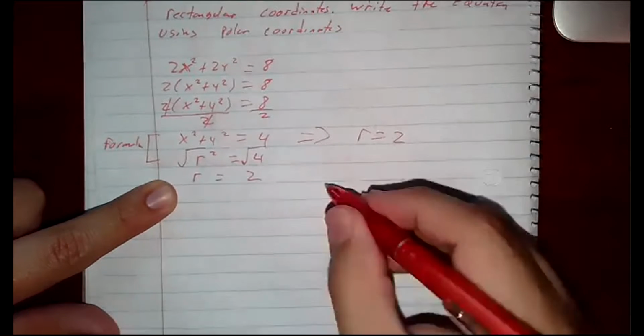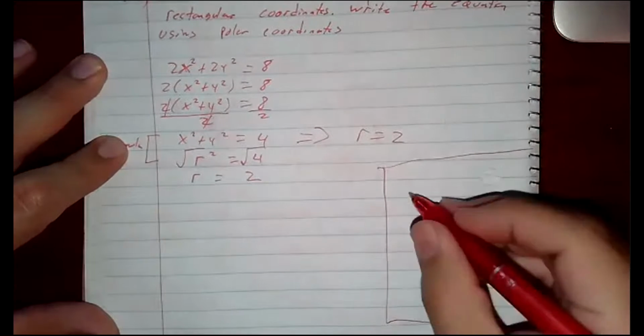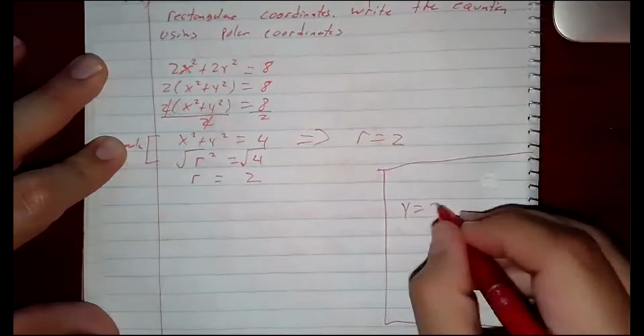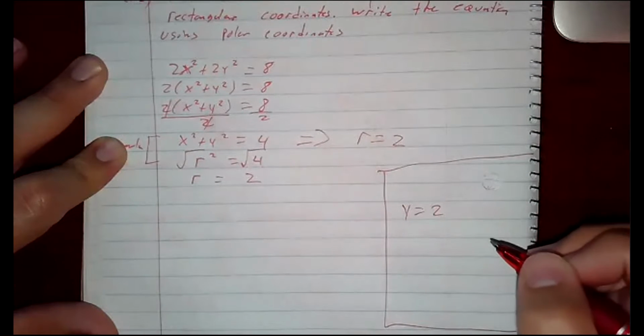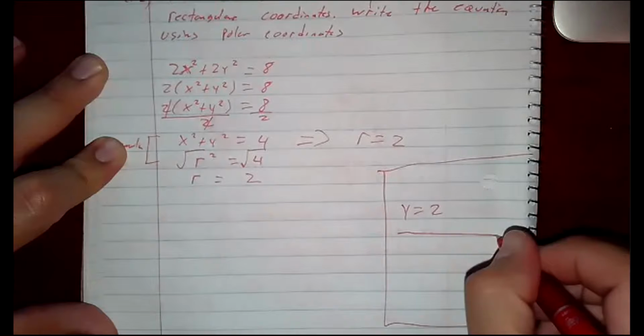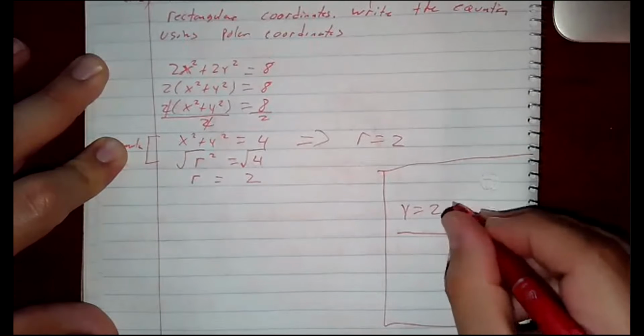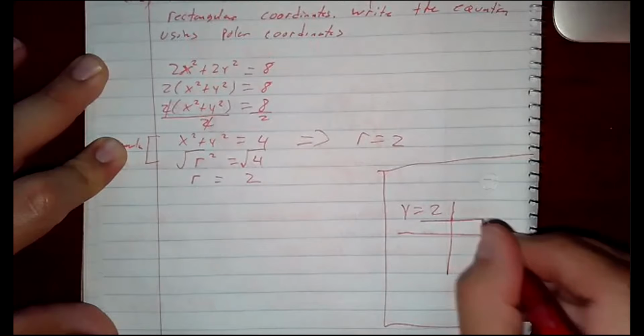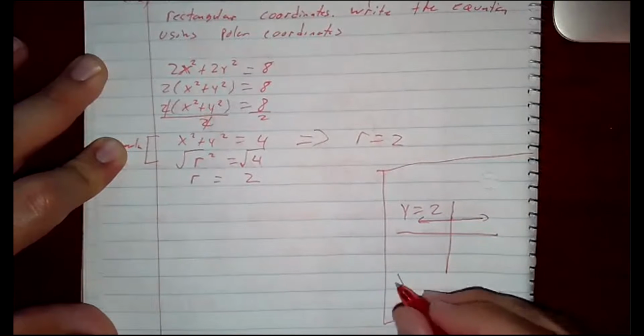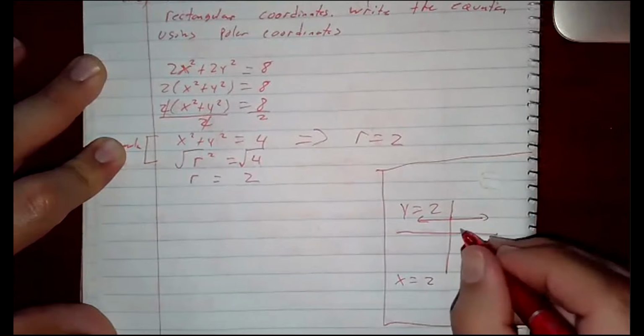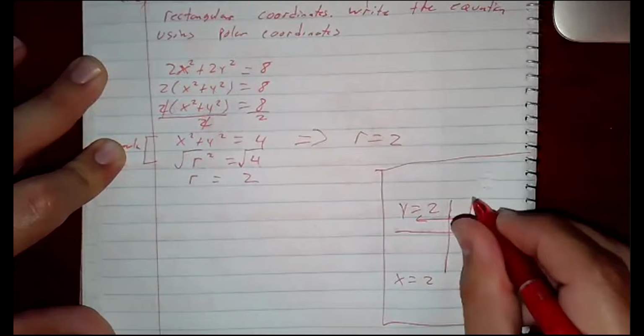So what this is saying, basically, do you remember back when we had graphs like this? Let me take a little side step over here. When you graph something like this, you would have just a horizontal line, right? Just like this. So as x equal to 2, you would have a vertical line here.